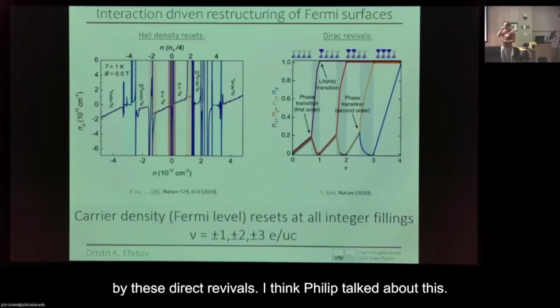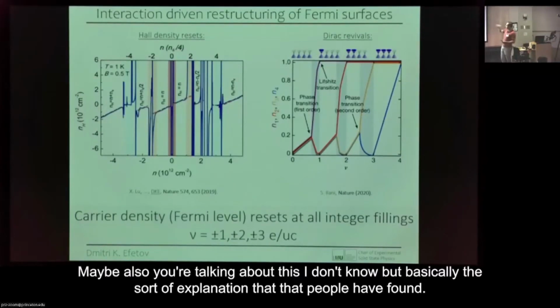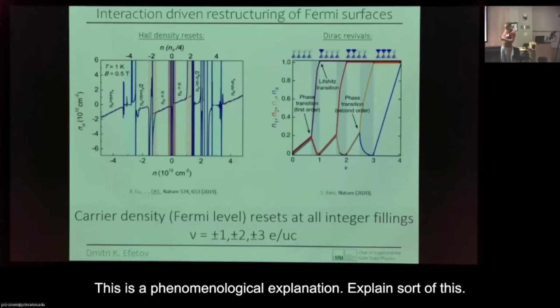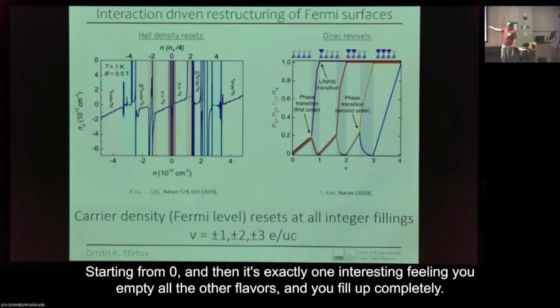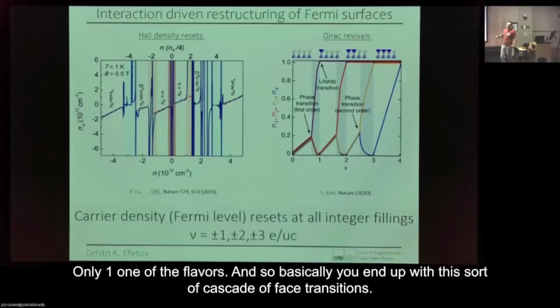I think Philip talked about this, maybe also Amir talked about this, I don't know. But basically, the explanation that people have found, this is a phenomenological explanation, to explain this reset of the Hall density is that whenever you fill up all the different flavors together, starting from 0, then at exactly 1 integer filling, you empty all the other flavors and you fill up completely only one of the flavors.